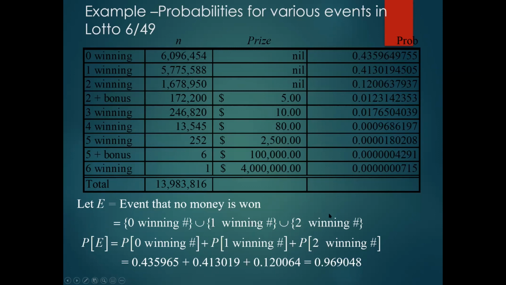Since these are mutually exclusive events, you can just compute the probability of each and then sum them. The probability of the event that no money is won is actually very high, 0.96. That is the unfortunate truth about playing the lottery. You will not win any money, 96%.